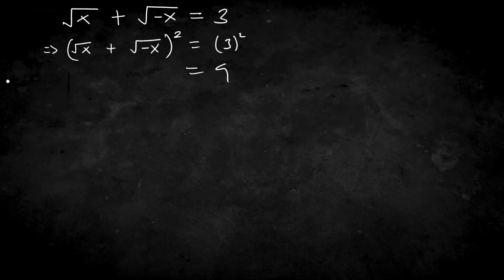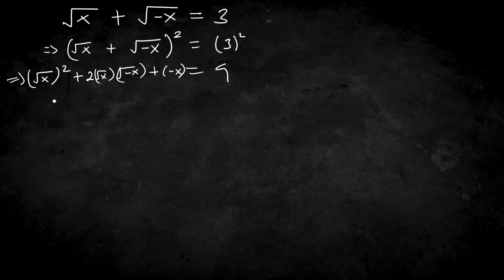So this side will be this one squared plus 2 times square root of x times square root of minus x, plus this one squared, which will be minus x.